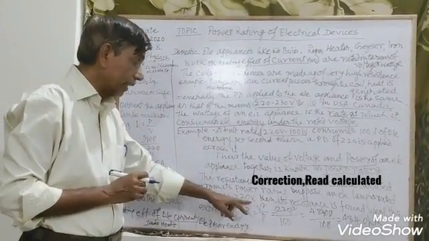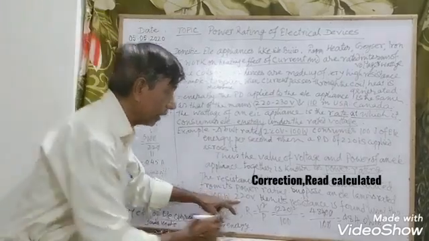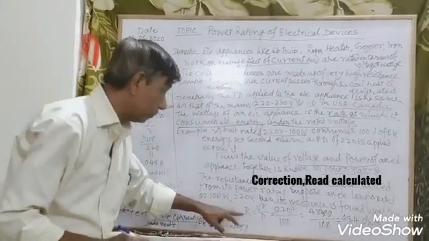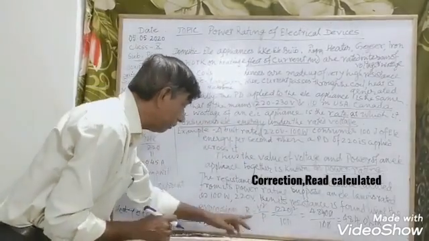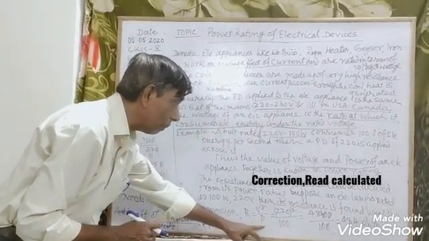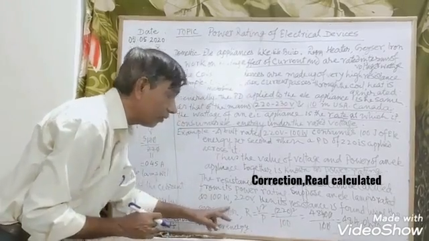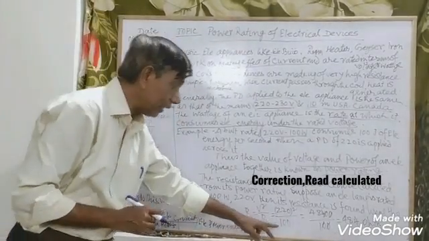Here V is 220, so R = V² divided by P, where P is the power, 100 watt.